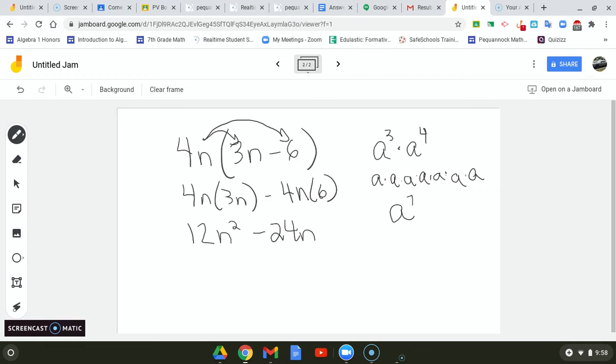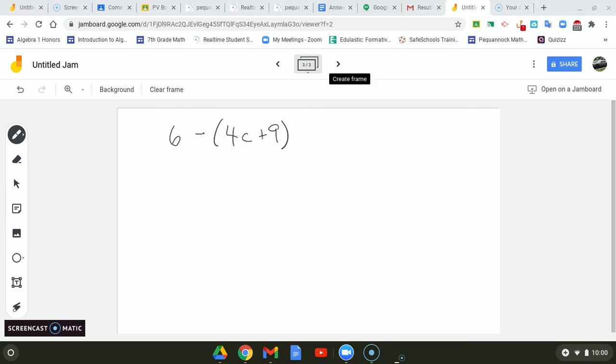And we said you can think of it as though you're just adding the exponents. We don't like to actually say that because we're not really adding here, but it's a way to remember what to do. But when we do that with the distributive property problem we just did, you have to remember, even though 4n doesn't have an exponent, the exponent of the n is a 1. The exponent of the 3n is a 1. So when you get to this 2, you're getting that because you have 1n here times 1n here would be n times n, which is n squared.